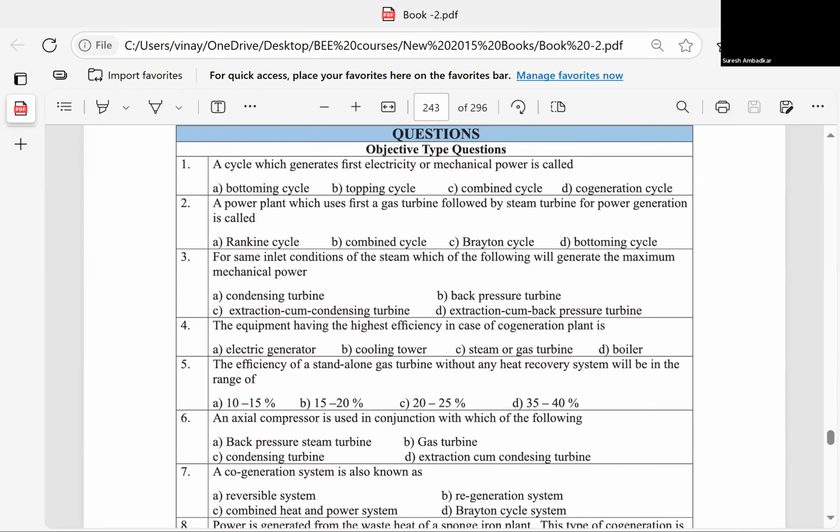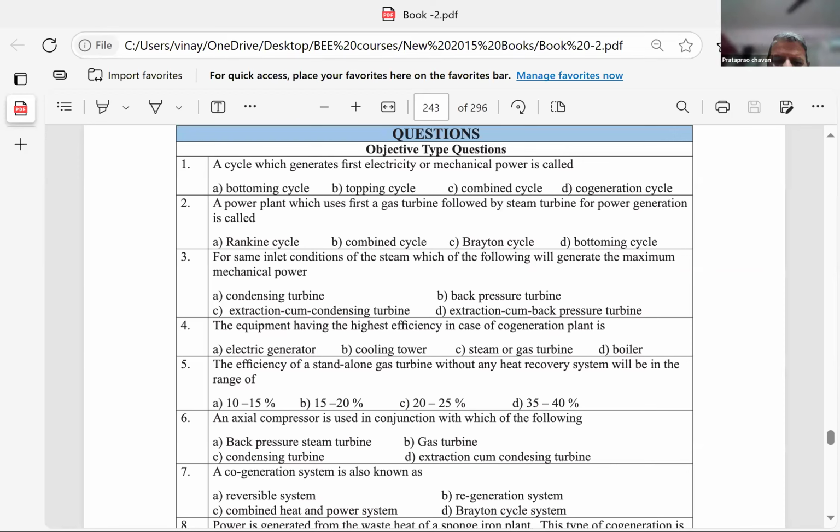The maximum extraction of the steam is achieved by the condensing turbine. The steam is expanded to the last vacuum stage and then condensed. Therefore, the mechanical power, that means the electrical power, same thing. It's not heat, it's the mechanical power that is the maximum. Therefore, it is condensing.